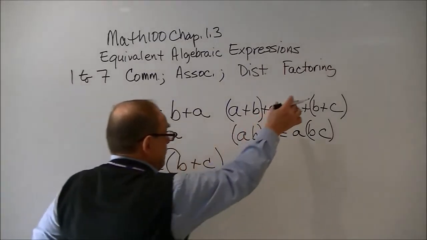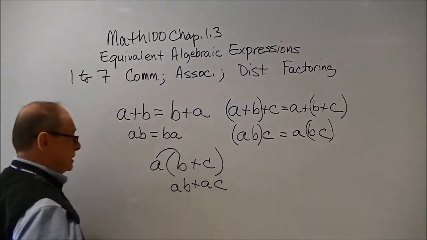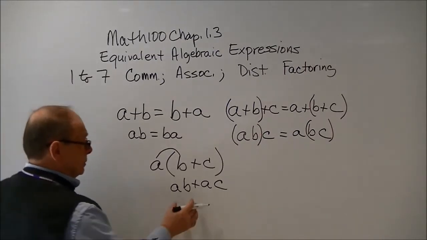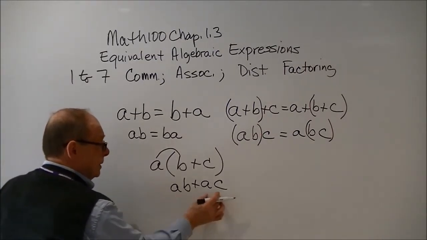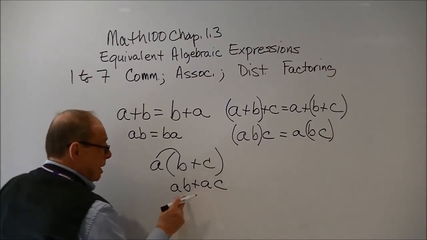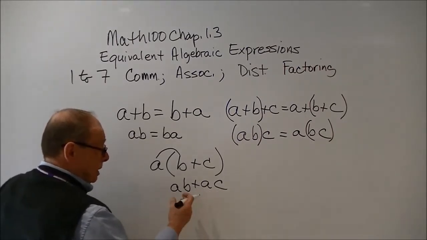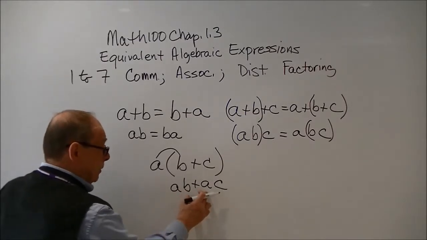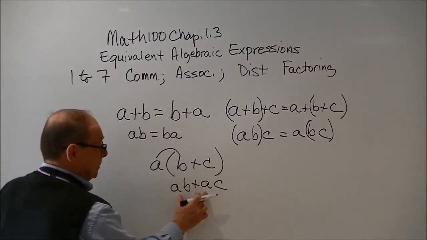Now, this last one, factoring, is a process in which you notice that in this term and this term, there is the common factor A. So they want us to factor out the common factor.